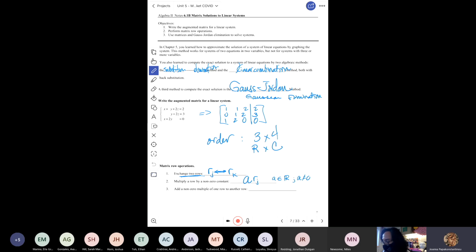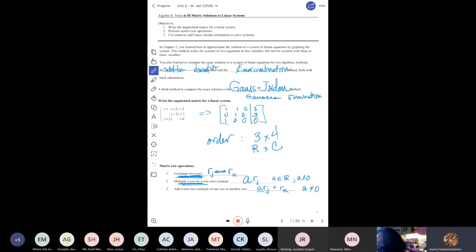Okay, let's say I want to add a non-zero multiple of one row to another row. That's kind of what we were doing. We were showing that we were adding a multiple of one row to another. And again, A cannot equal 0. So we really just introduced exchanging rows and multiplying a row by a non-zero constant. Those are the only two new ones. But there's just more notation.